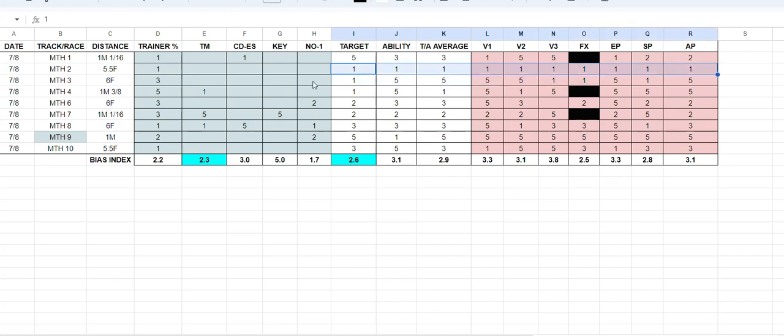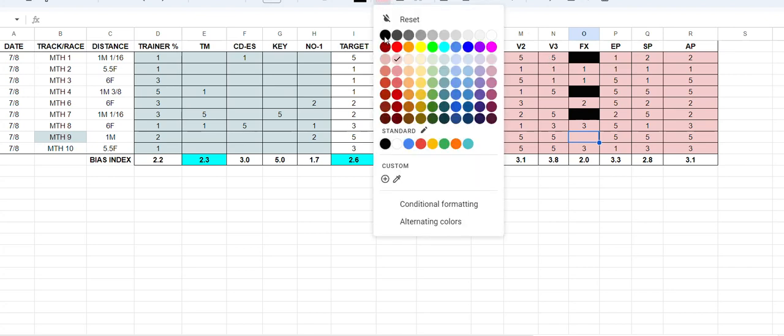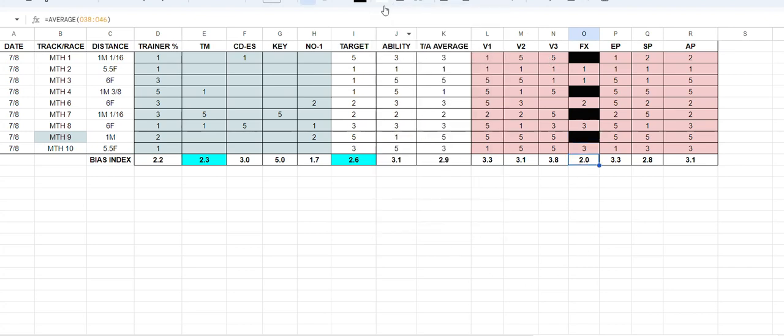That's right there. That's a single. If you're playing a multi, right there. But we have first, second, third. There was only one race, and actually this was a mile race. So we can get that out of there. And that's going to help the value even more. It's a 2.0.